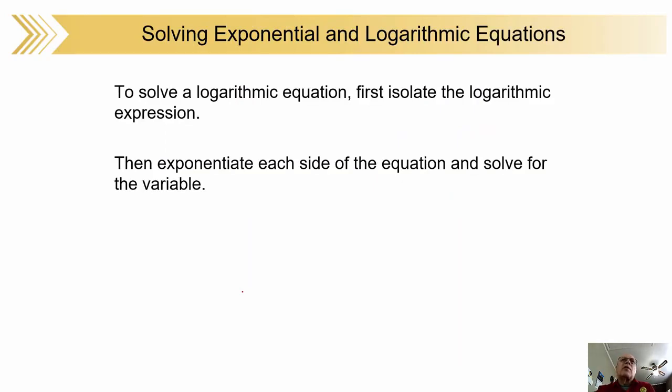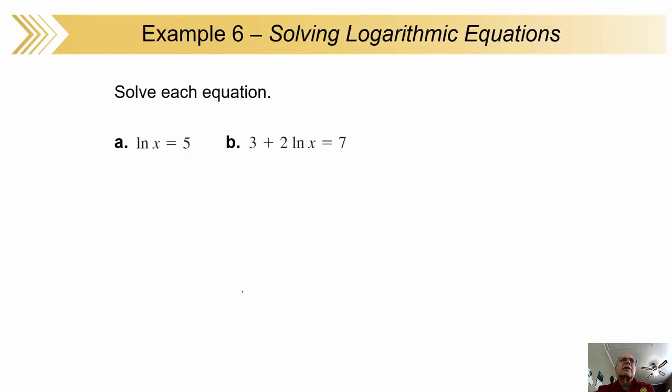So how about the other way around? Let's take a look at some of those. So first one, natural logarithm of x equals 5. It looks like we're stuck. No, we're not stuck. We know the base of this is e, so I'm going to convert that by rewriting it.